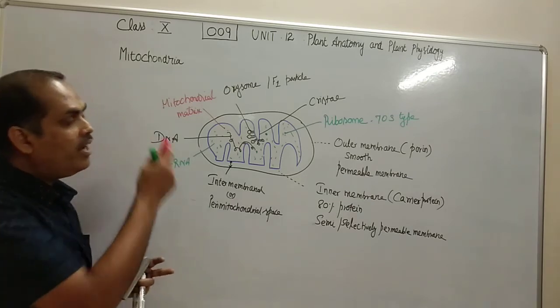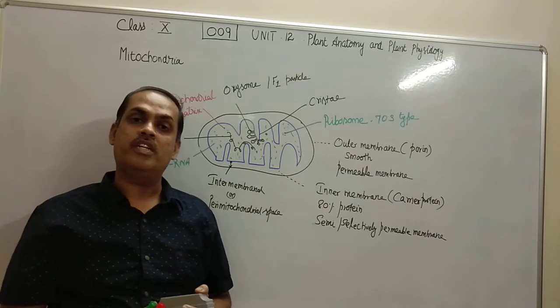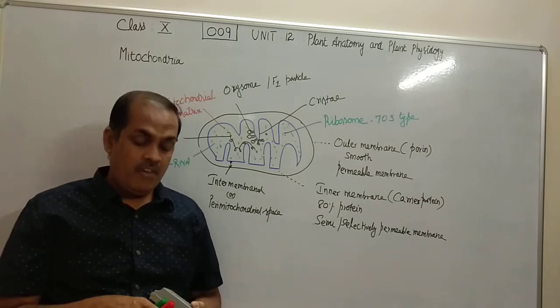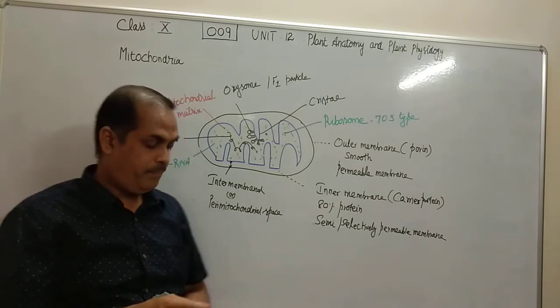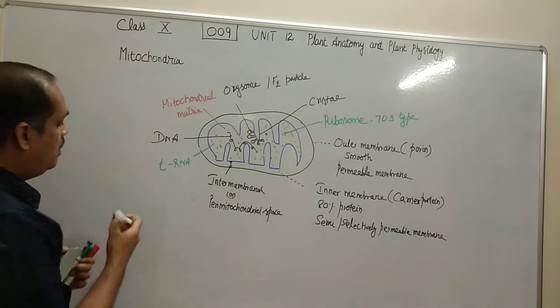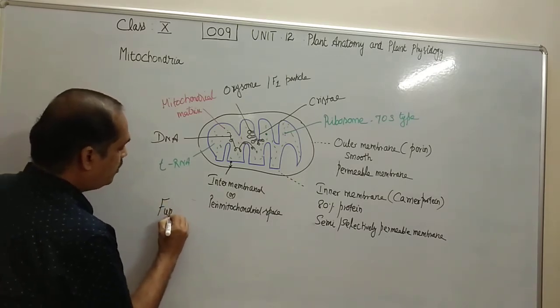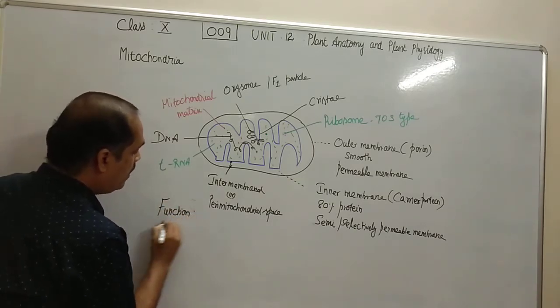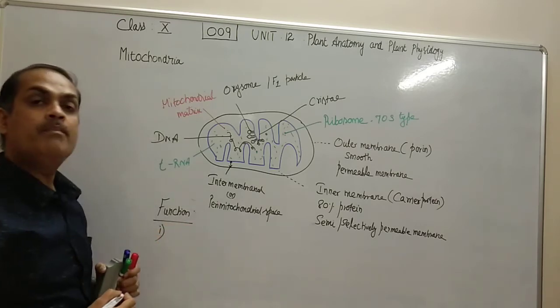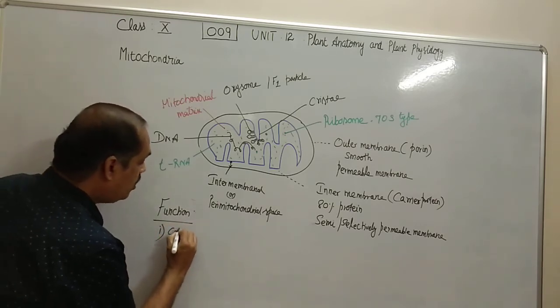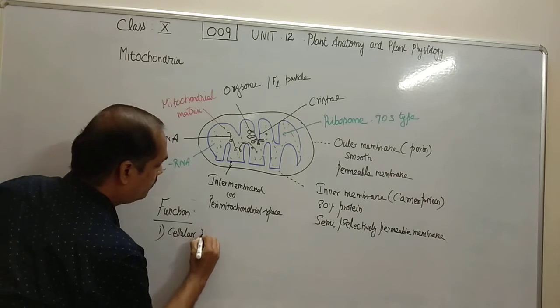Now, we have understood the structure of the mitochondria. Let us understand the functions of mitochondria. The functions of the mitochondria play a very important role in cellular respiration.